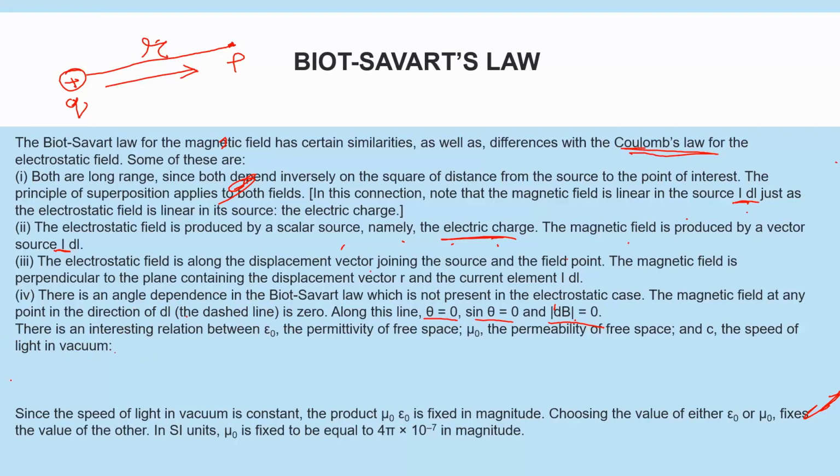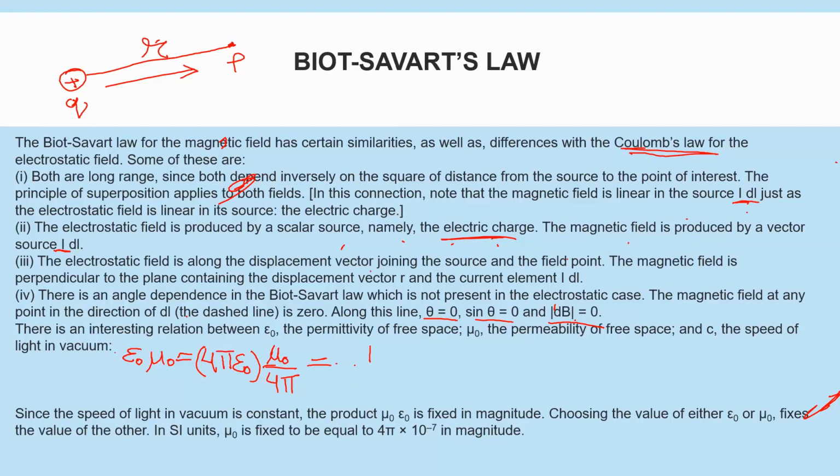So how do we find that? If we take the product of the permittivity and the permeability of free space, what would that be equal to? That would be 4 pi epsilon 0, in brackets, multiplied by mu 0 by 4 pi. Then we try to get the values of it.